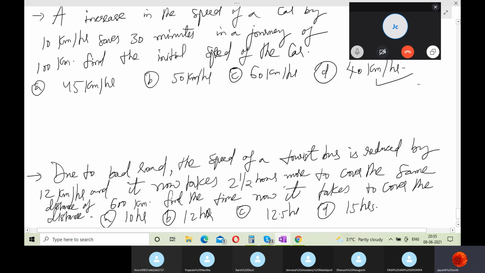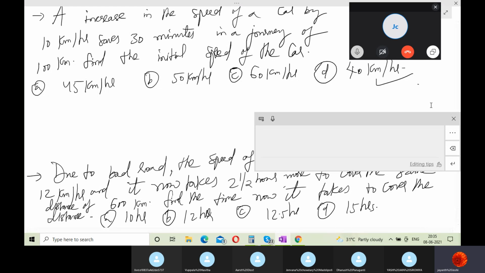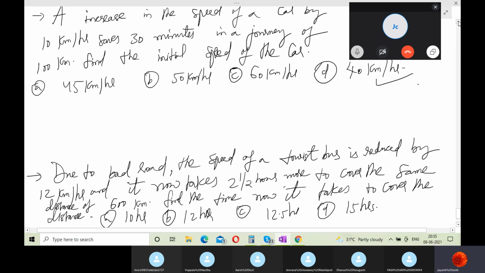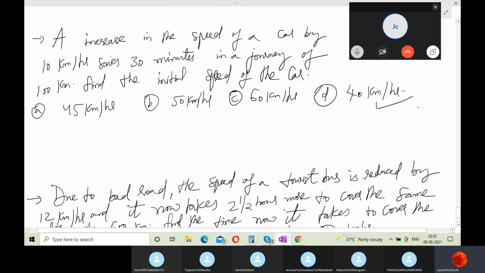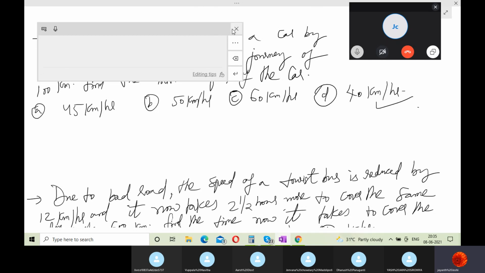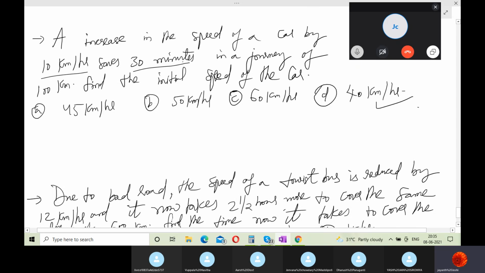See, the question is very simple, and you need to understand how to do this. The increase in the speed of a car by 10 kilometers per hour saves 30 minutes. Of course, when you increase the speed, you will save time. And the distance is this.